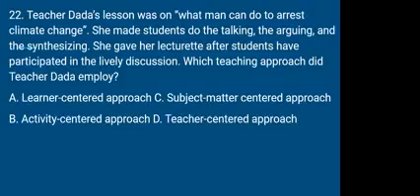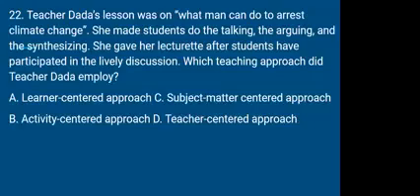So you let your students discover the subject matter content, di ba? So which teaching approach did Teacher Dada employ, the stem of our question? Is it learner? Is it activity? Is it subject matter? Or is it teacher-centered approach? Okay, sige. So what do you think is your answer?